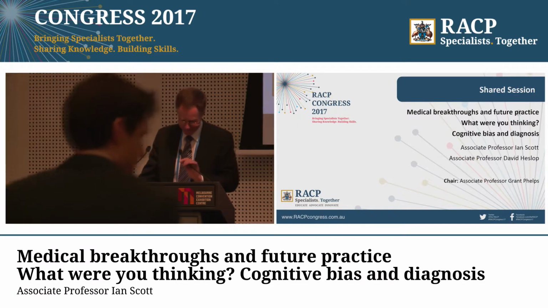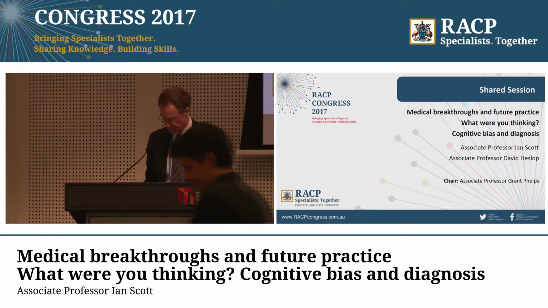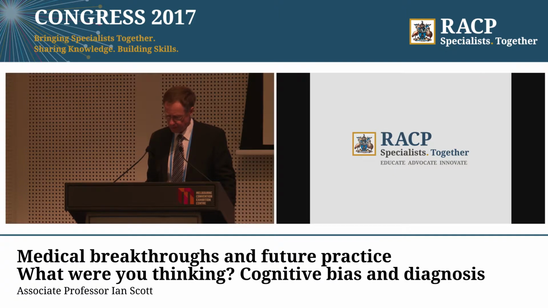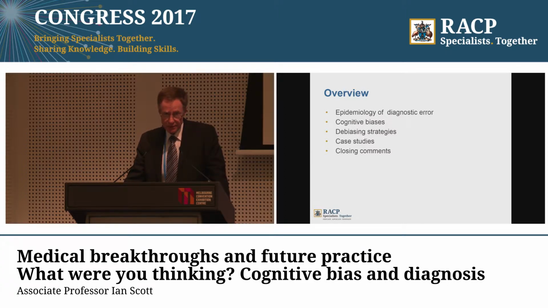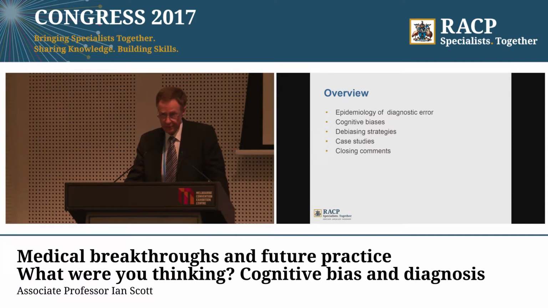Thank you. All right, so just to give you, to start with, a little bit of an overview of what we're going to be doing. We're going to talk a bit about the epidemiology of diagnostic error, then talk about some of the cognitive biases that cognitive psychologists and sociologists and others now have identified, particularly in the medical sphere.